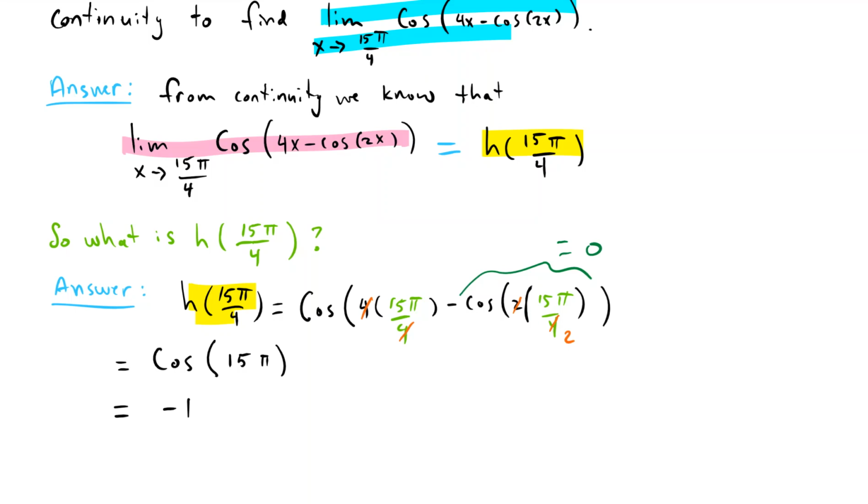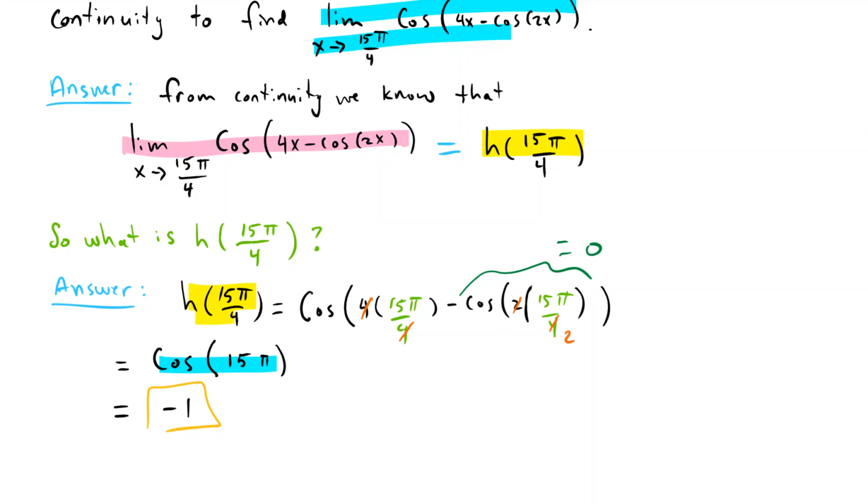So all we have really is cosine of 15 pi, and cosine of 15 pi equals -1. So the function evaluation, h evaluated at 15 pi over 4 equals -1, and that, because of continuity, is the limit of cosine 4x minus cosine 2x as x approaches 15 pi over 4.